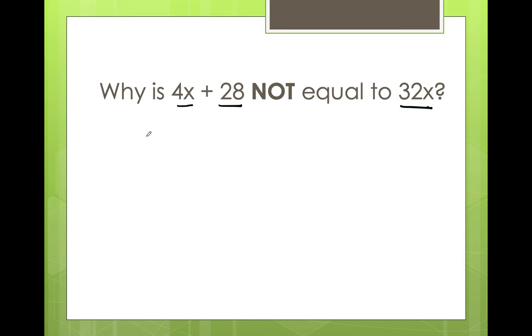And the reason is because if we don't know the value of x, if I were going to simplify this farther, I would actually have to multiply first using order of operations before I would add, and I don't know the value of x, so I can't multiply, which means then I can't add either. So we don't want to add before we multiply because that doesn't follow the order of operations. So you want to leave your answer as 4x plus 28, and that's it.